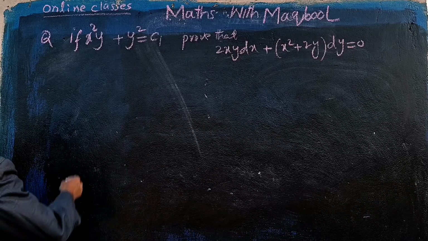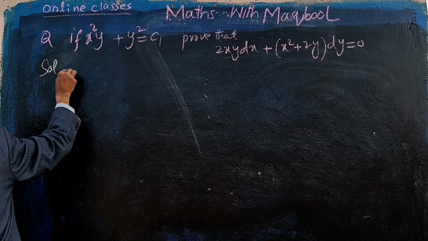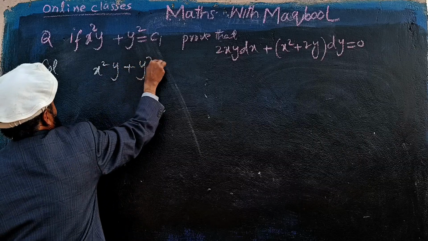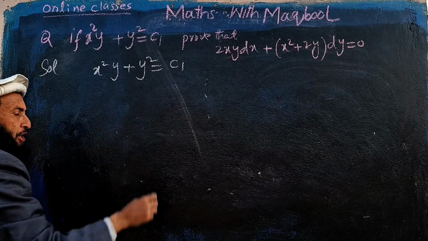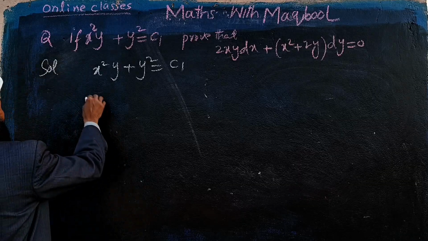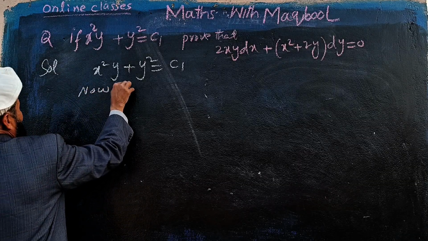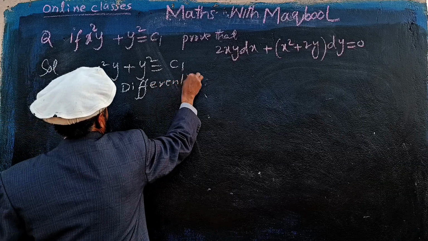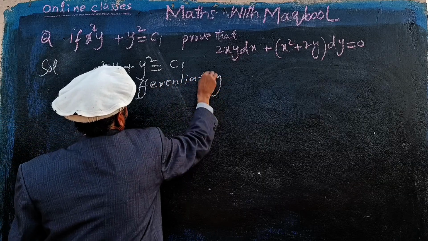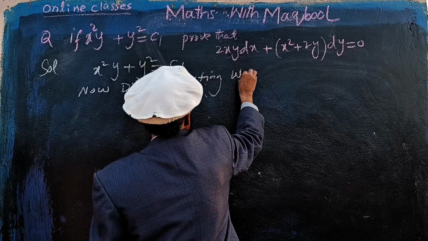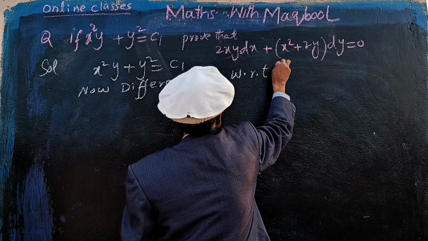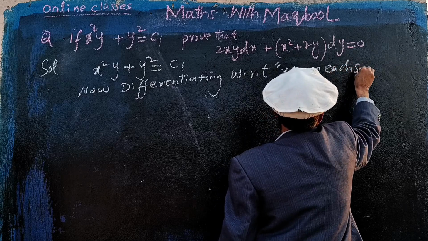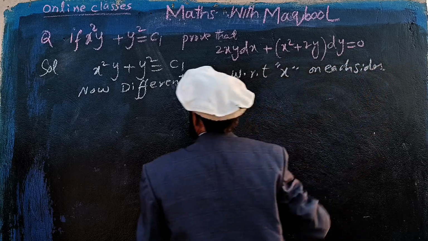Let's start. Given that x square y plus y square is equal to c1, we are differentiating with respect to x on both sides of this equation.